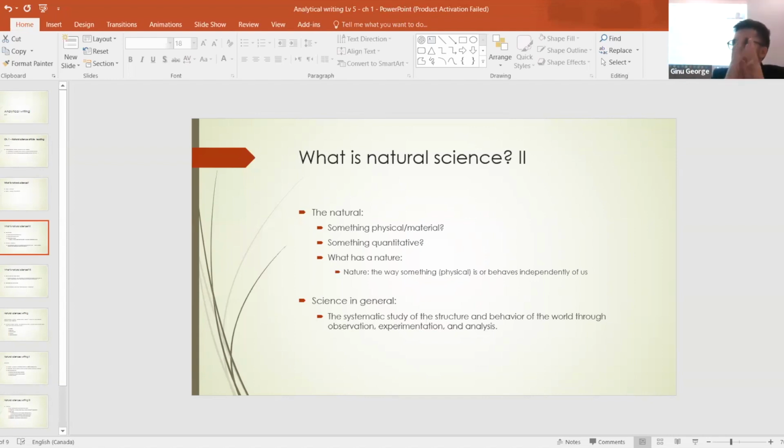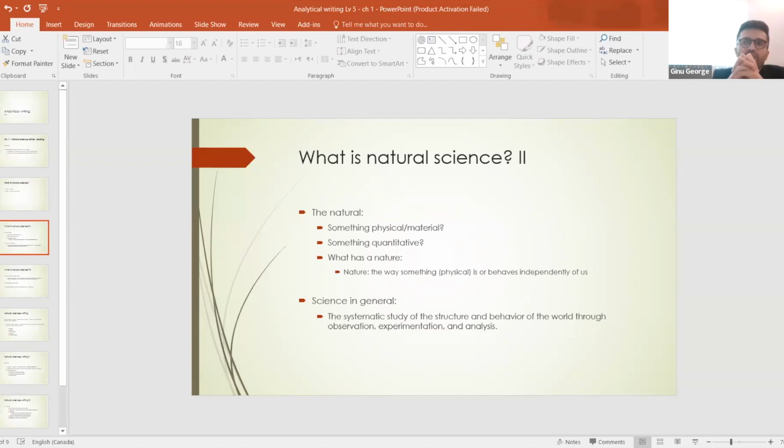Science comes from a Latin word, scientia, which just means knowledge, right? So in that way it touches on what you said: science is basically knowledge about everything, or the study of everything. So knowledge. But what kind of knowledge is it? It's not any kind of knowledge, right?